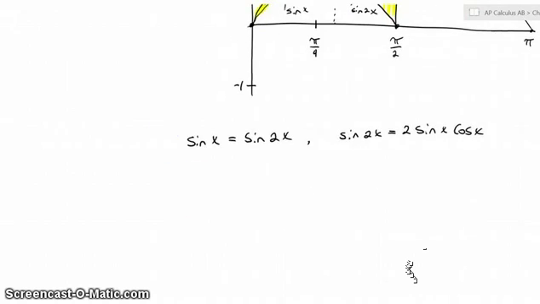So if we plug that in, we're going to get sine x equals 2 sine x cosine x. And you might say, like, oh, hey, let's divide both sides by sine.